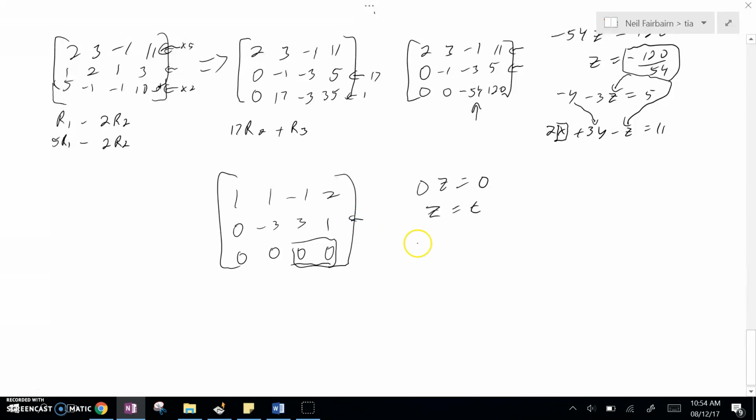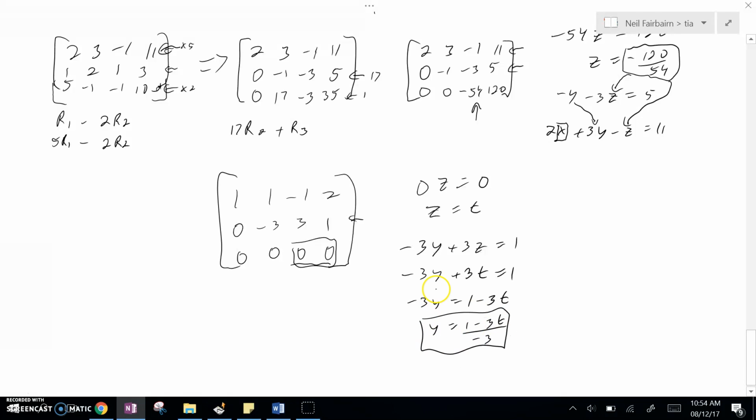Then we get to the next row and we get negative 3y plus 3z is equal to 1. But z is equal to t. So negative 3y plus 3t is equal to 1, or negative 3y equals 1 minus 3t. y equals 1 minus 3t divided by negative 3.